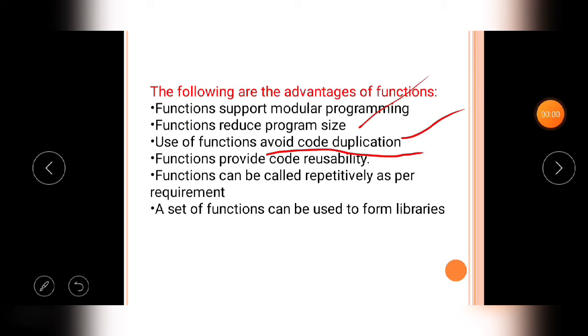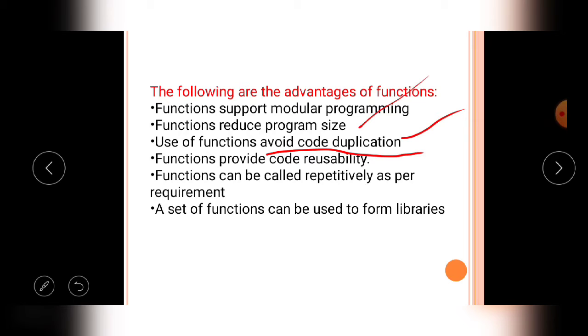Okay, next topic is: use of functions avoids code duplication. It means if you use functions, the code duplication problem is avoided, means solved. If the code duplication problem is solved, it means the data redundancy problem is solved.